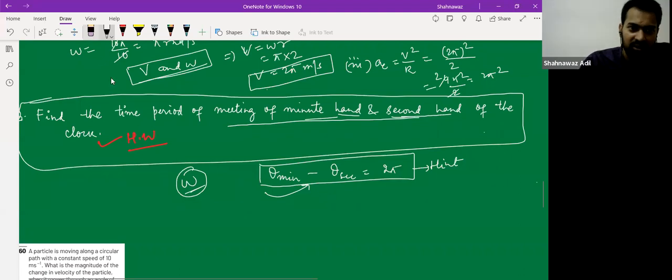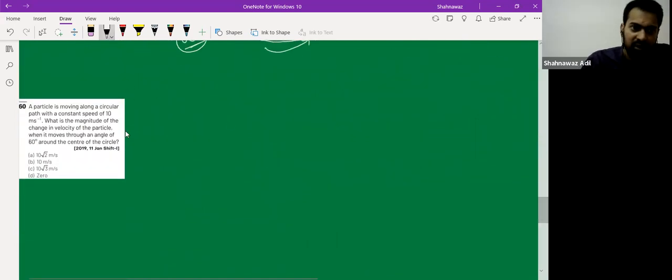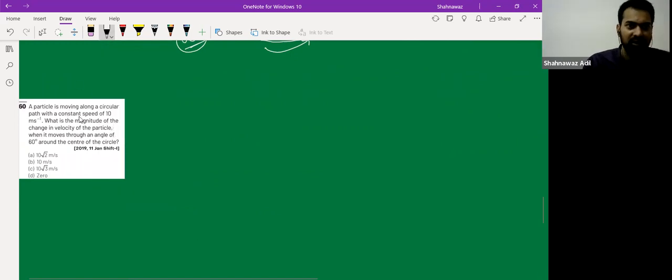Okay, so let's do the next question. A particle is moving along a circular path with a constant speed of 10 meters per second. What is the magnitude of change in velocity of the particle? So this is one velocity v1, and it has completed a 60-degree angle, and it has come to this point.